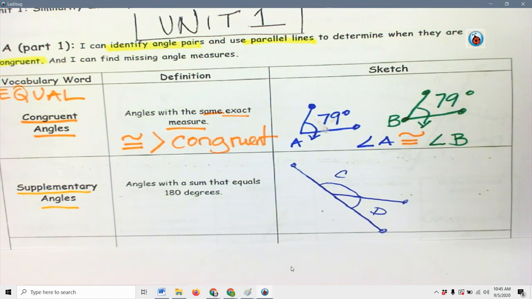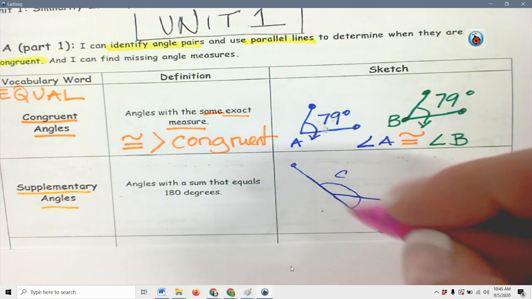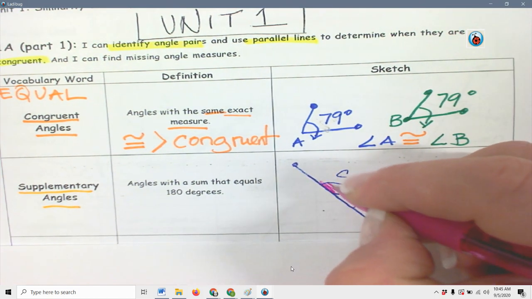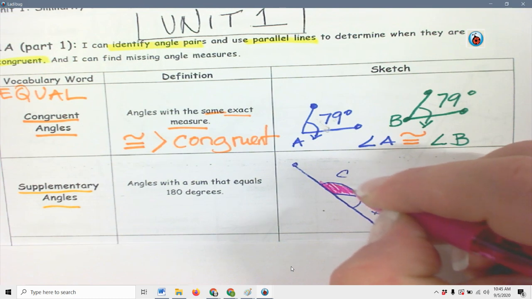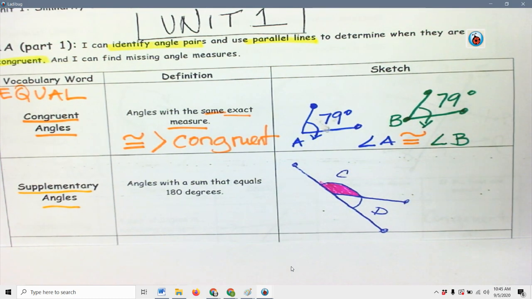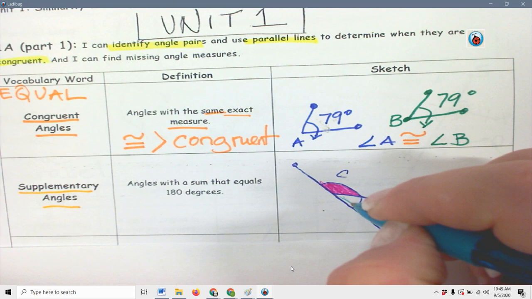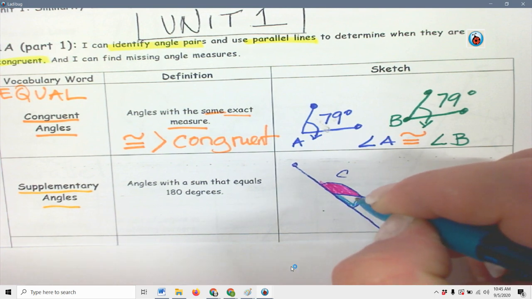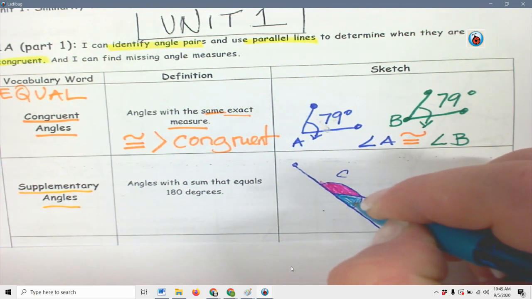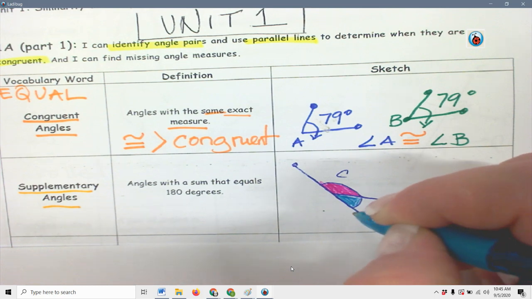Let's say angle C, we'll just color this in pink. Sometimes it's going to help us to have colors for our angles so that we can see a little bit more plainly what's happening. Angle D will make blue. You can see that if we're taking up both angles, they're going to be a half of a circle.